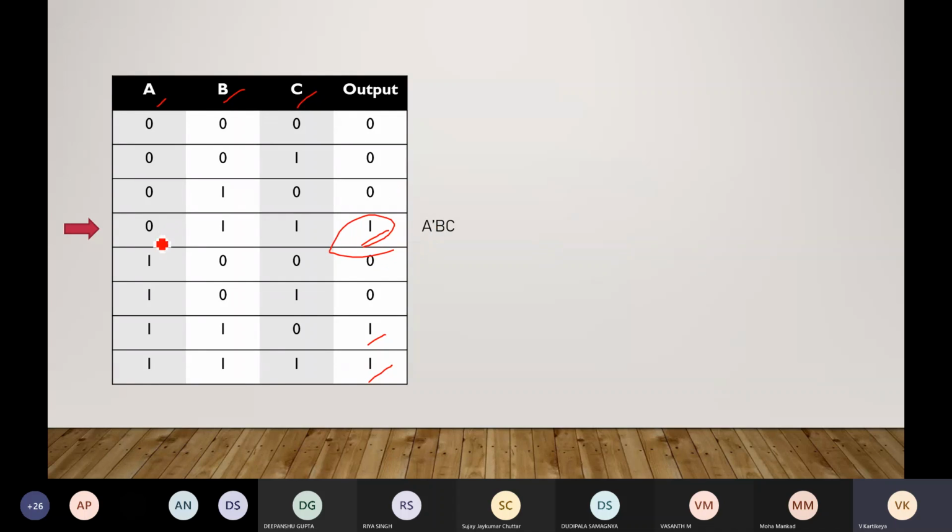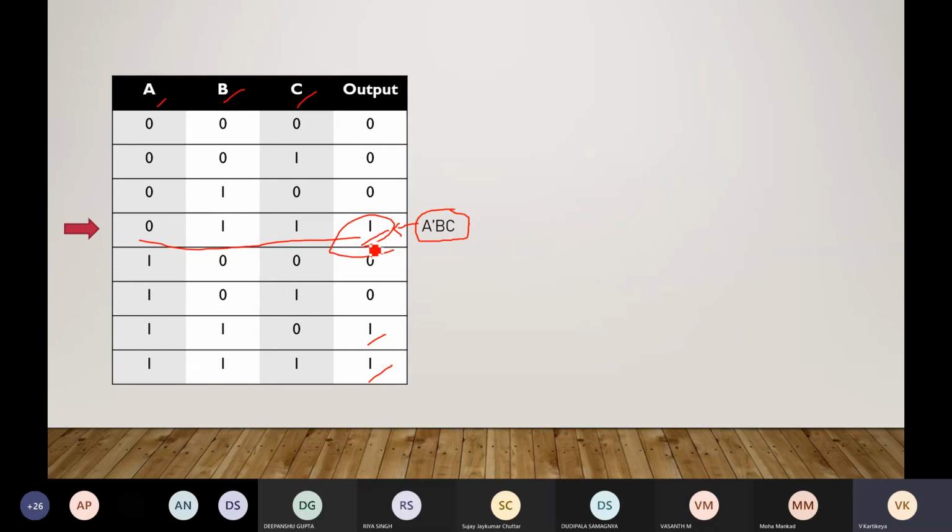The product form of this combination would be A bar B C. This can also be called A dash. Why A dash B C? We need to make a product in such a way that the output results in 1. That is what we need.